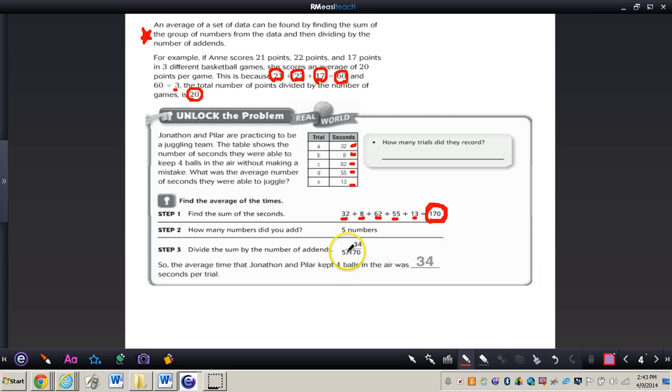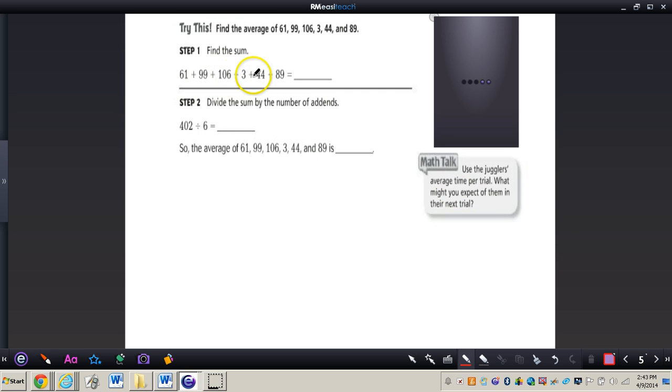So we take 170 divided by 5, and that gives us 34 seconds. So we can see that the average time that Jonathan and Pilar kept 4 balls in the air was 34 seconds per trial. And just remember, this is the average, so we do have some outliers here. Whether it's 62 seconds or 8 seconds, it's just the average amount of time that the balls were up in the air.